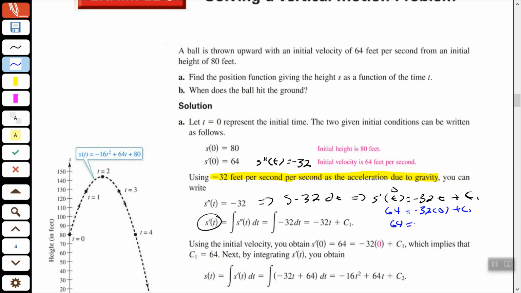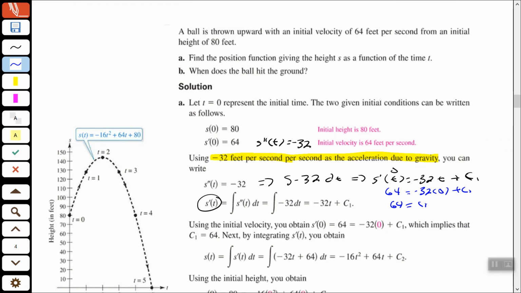Therefore, 64 equals c sub 1. And since 64 equals c sub 1, that gives me s prime of t equals negative 32t plus 64. So that gives me my first derivative, s prime of t.